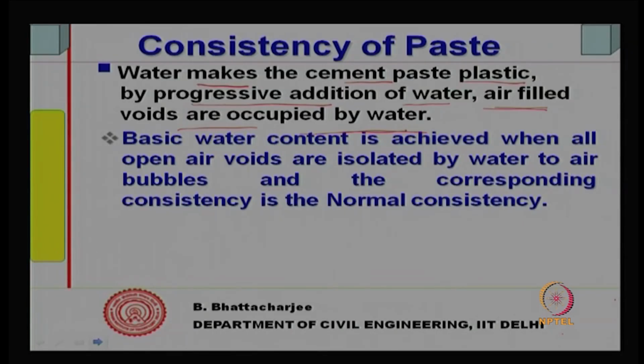So, you go on adding the water, and a water content we call the basic water content is achieved when all open air voids are isolated by water into air bubbles. We will just see by a diagram that as you go on adding water, air paths were all interconnected. The interstitial space between the particles were all connected by air. Now, you add water, this space will be filled in by water.